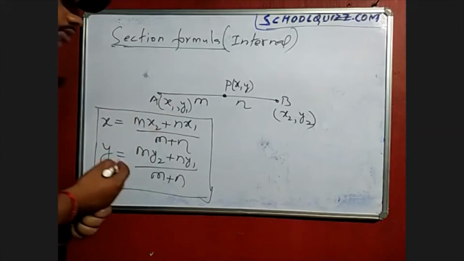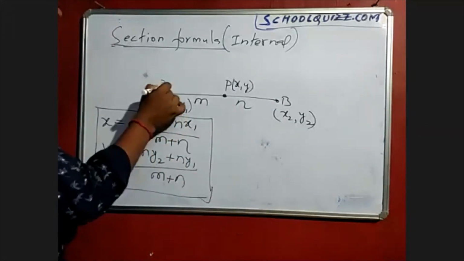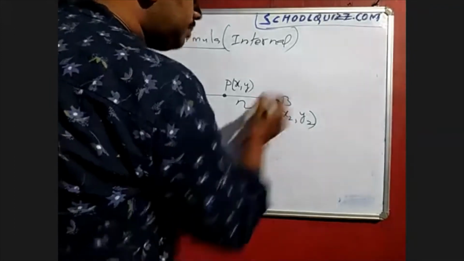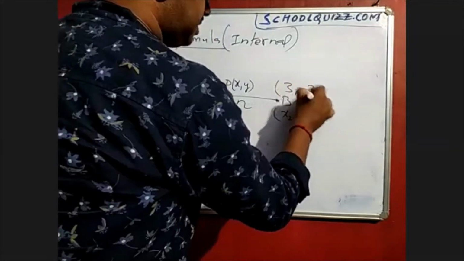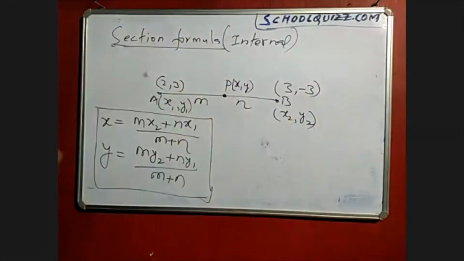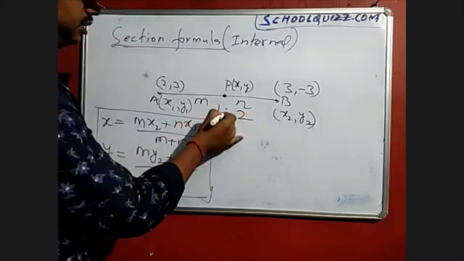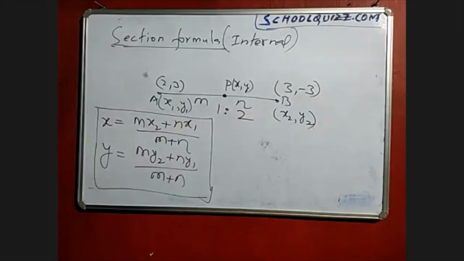Let's take one question. Let A be the point 2, 3, and B be the point 3, minus 3. Whatever points we give. How can we find the point P with the ratio m is to n equal to 1:2?